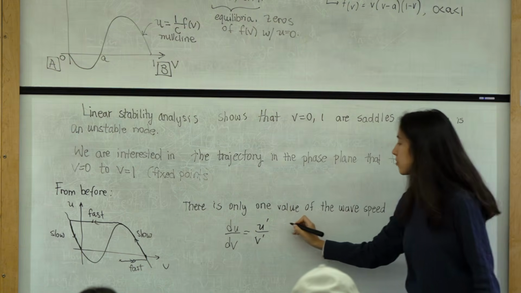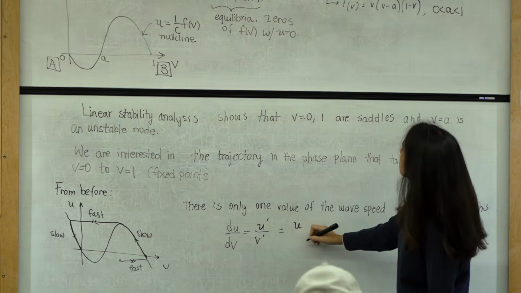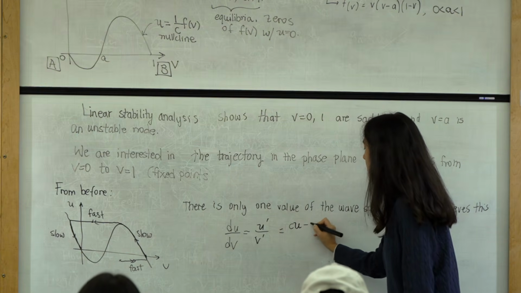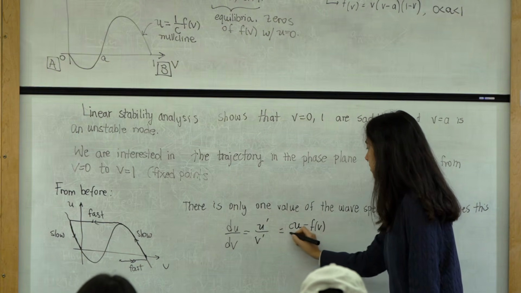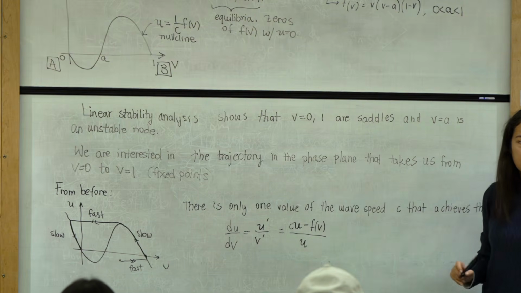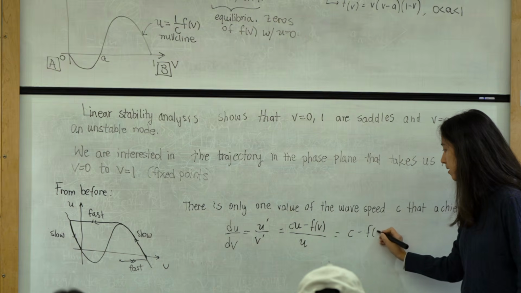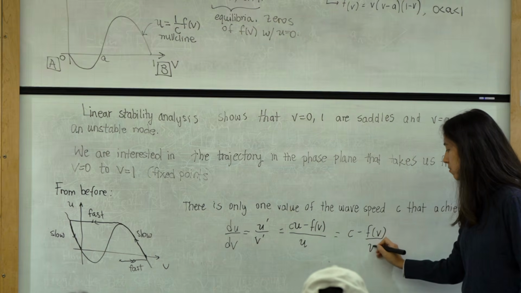So I just plug in the formulas from there, and I get c u minus f of v, divided by, and then this was the definition of u. So we have c minus f of v divided by u.